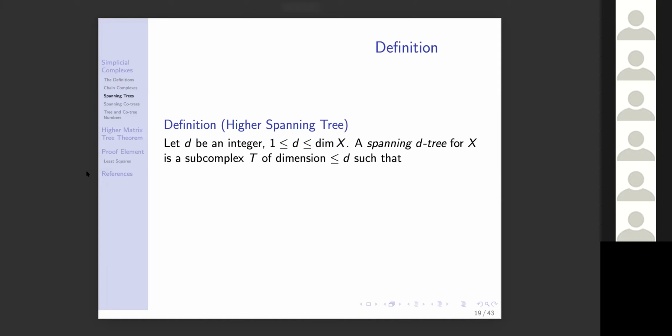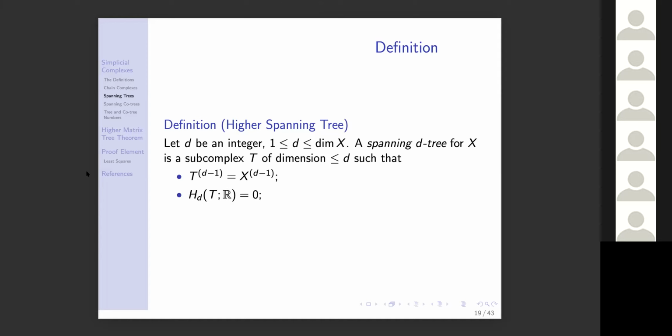A spanning d-tree for X is a subsimplicial complex T of dimension at most d, such that the d minus 1 skeleton of T is exactly the same as the d minus 1 skeleton of X. It has the same simplices in dimensions d minus 1 or less, so there's nothing new in dimensions d minus 1 or less.